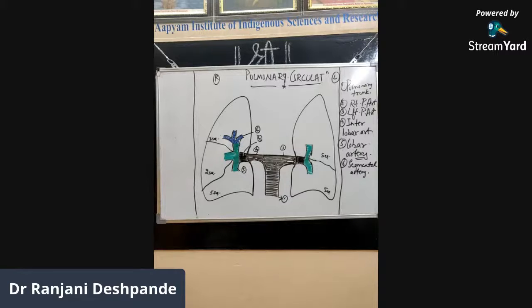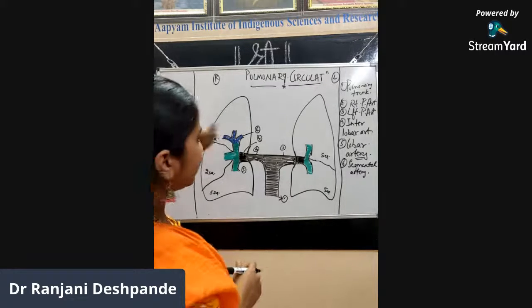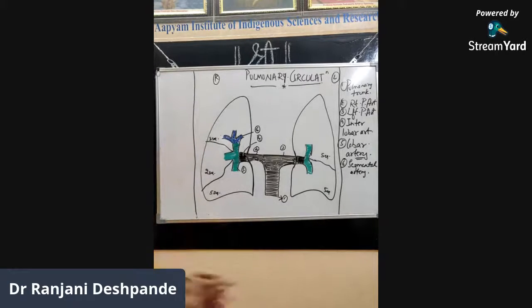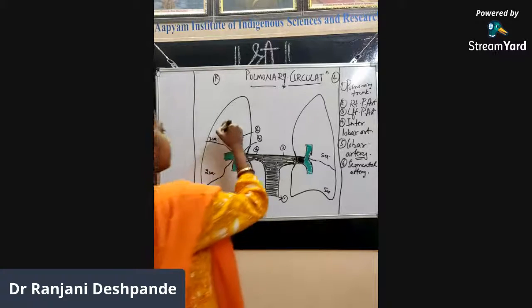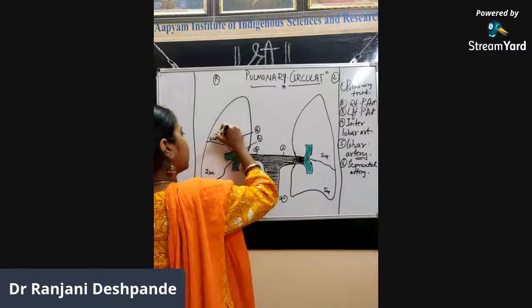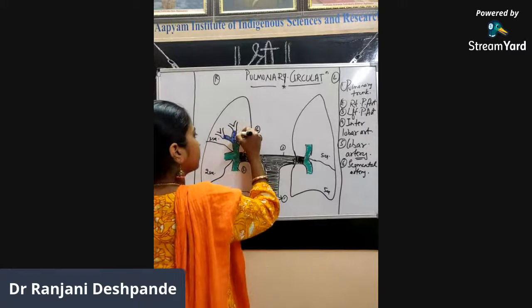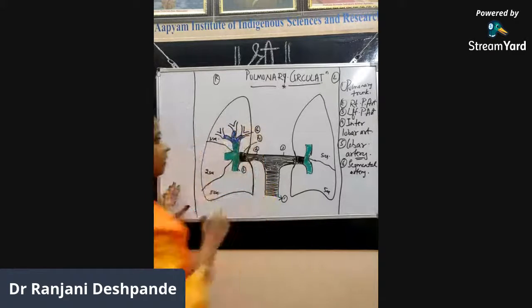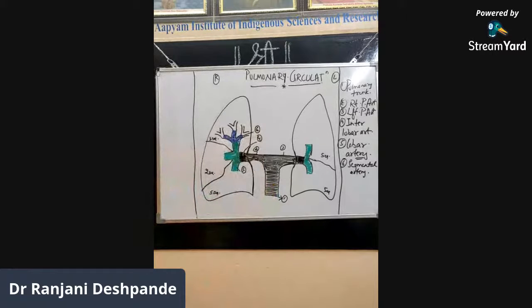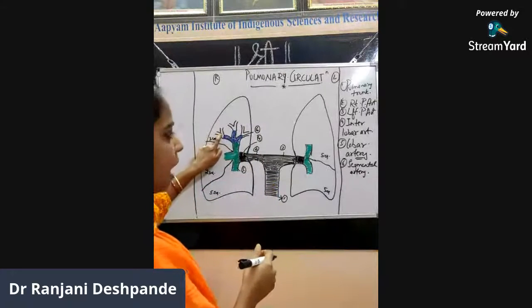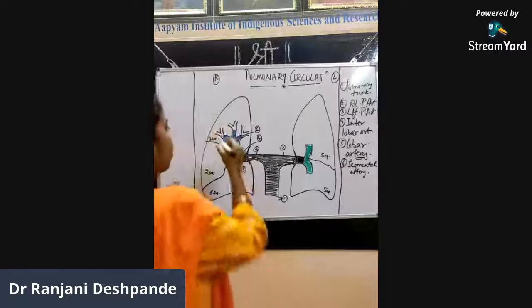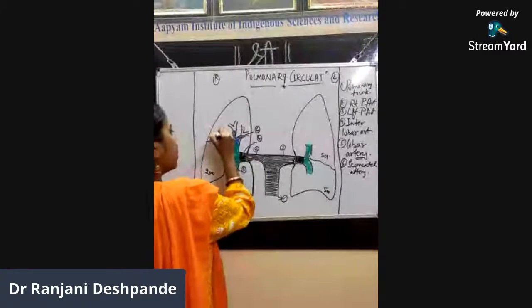Now moving further, what will the segmental artery do? Further again, these segmental arteries will break down. Okay, I leave it like this so that it remains ideal. So suppose we make it go down.